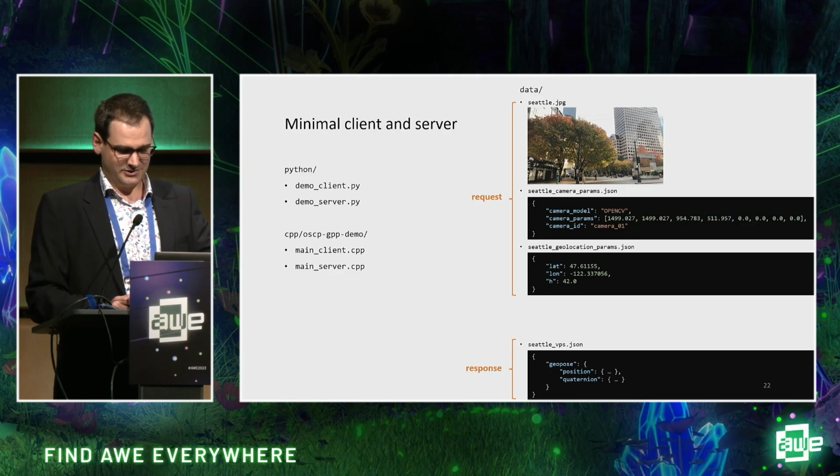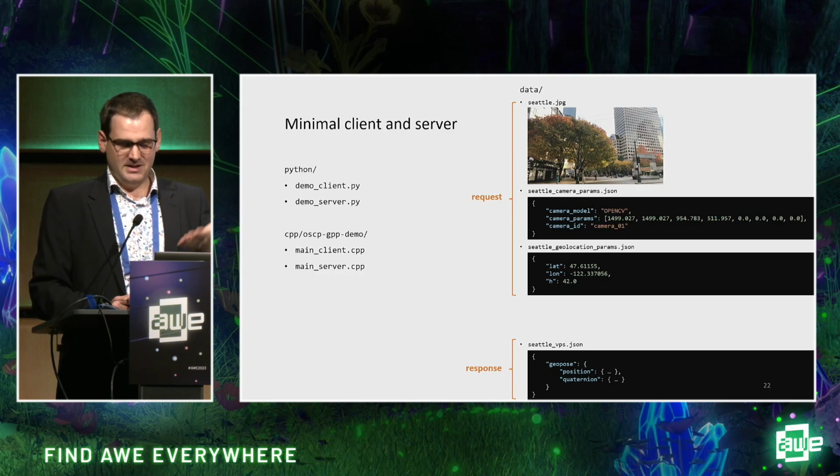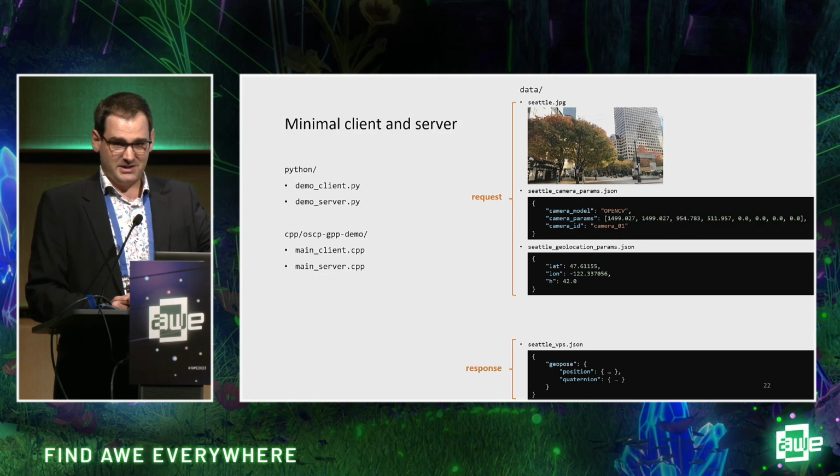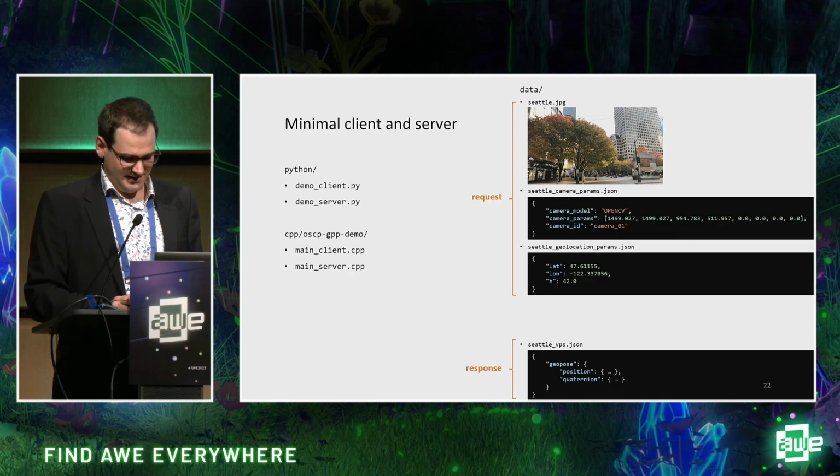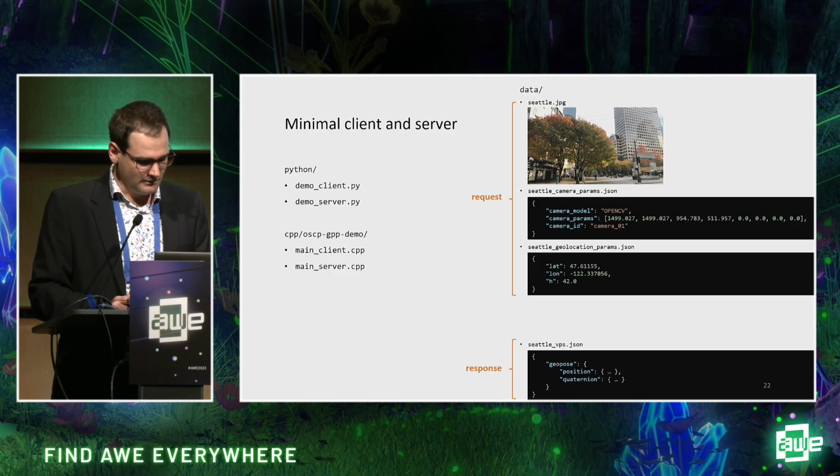It loads the results from a file and sends them back. So if you are somebody working on visual positioning and you have a service, you can just take our SDK or a few files that you can wrap your service with, and then it can be compatible immediately with all the clients that talk to this protocol.